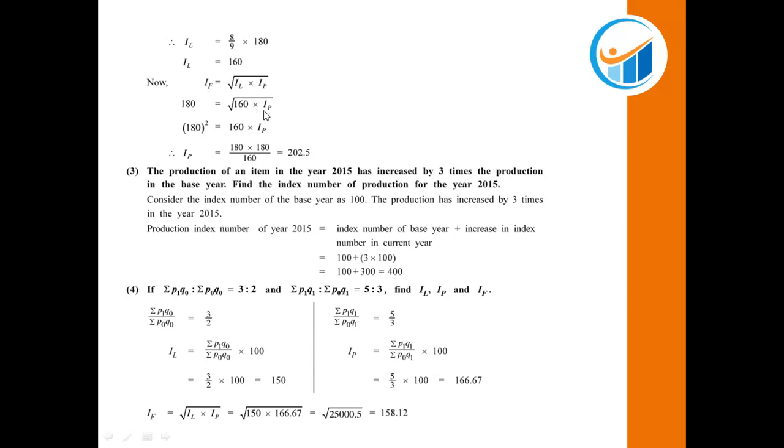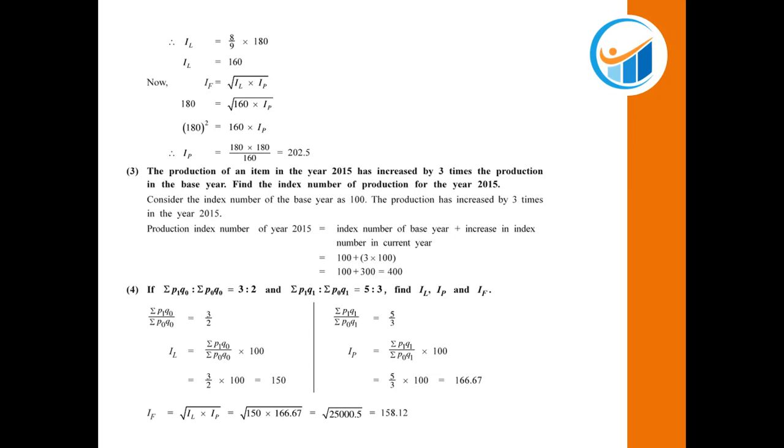If we have to find the index number of Paasche, first of all when we remove the under root, on the opposite side we have to make the square. So we remove this under root and on the opposite side it is the square of the index number of Fisher. So 180 square is equal to 160 into IP. So now from this we can write 180 into 180 is equal to 160 into IP.